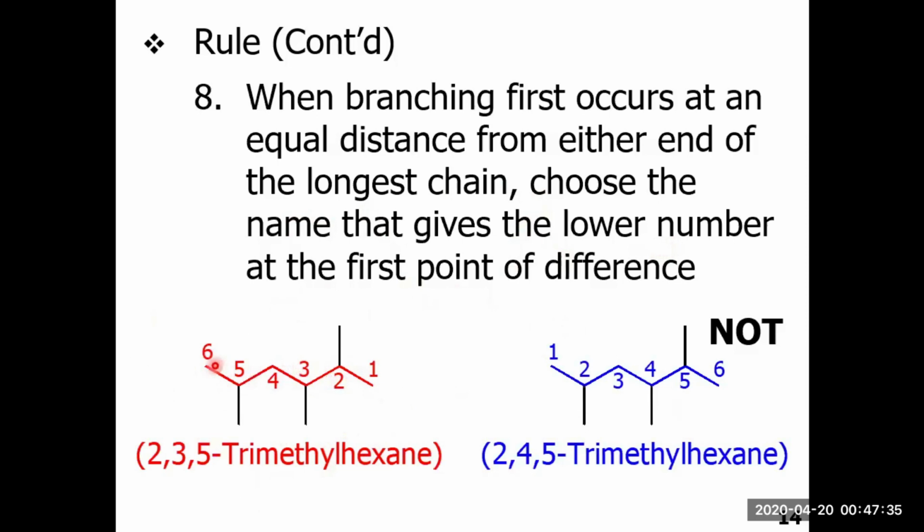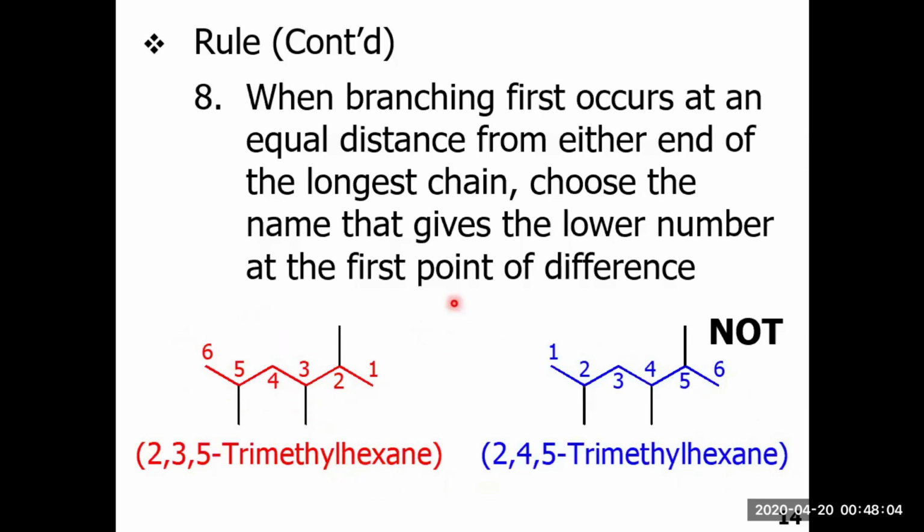Now versus this one, it's the same molecule, but it's a different way of numbering. So this one I start numbering from this end, 1, 2, 3, 4, 5, and 6. What's the difference? They have the same number of carbon atoms. That's the longest carbon chain, at 6, so hexane.